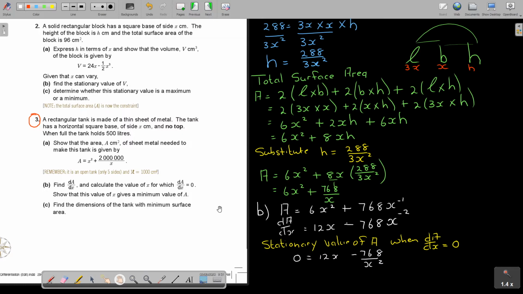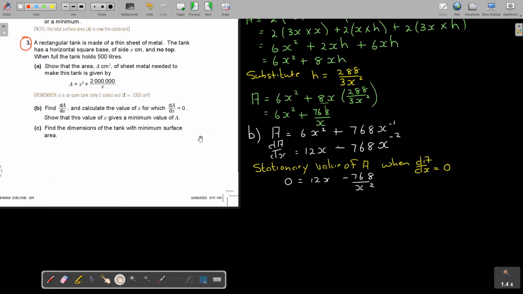Okay, I'm taking it up so that I get space. Okay, I bring this term over because it's negative. So I get 768 over x squared equals 12x over 1. I cross multiply, so 768 equals 12 x to the power of 3. I divide 12, okay?